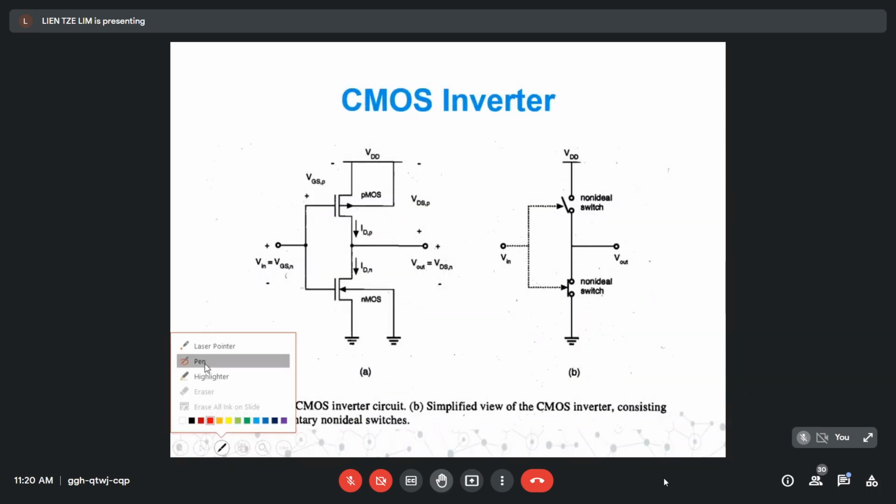Please take note. CMOS means using PMOS and NMOS. Previously, it was only NMOS.